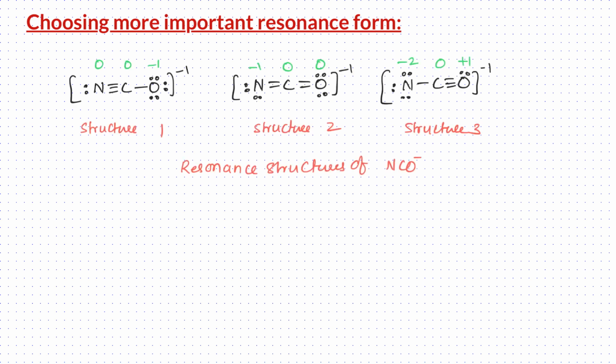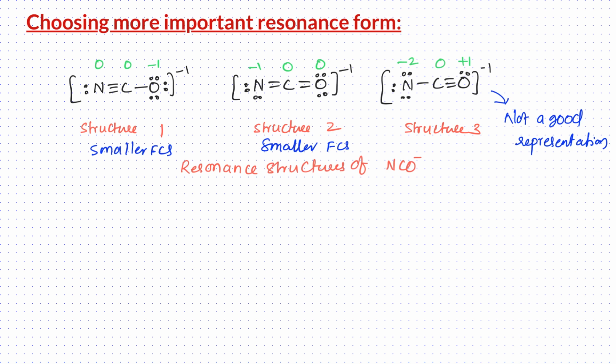Now let us use these criteria and pick the best non-equivalent resonance structure that best represents the experimental structure of NCO-, or the resonance hybrid of the NCO- ion. Structure 1 and structure 2 have smaller formal charges than structure 3. So structure 3 is not a good representation of the experimental structure.